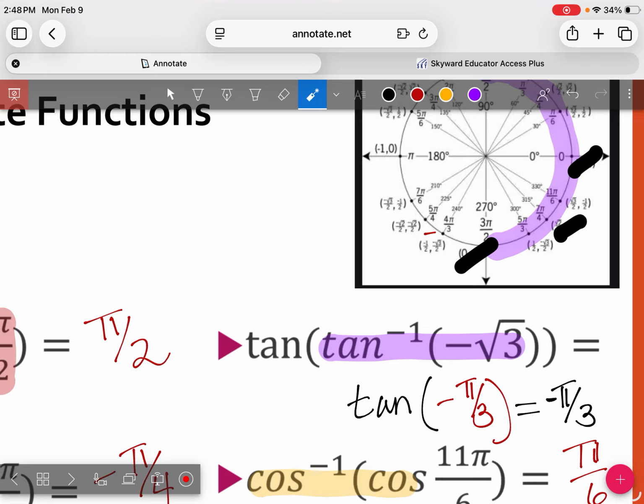But with tangent, you can take the tangent or cotangent of any number, because that trig function has a range of all real numbers. So when you're doing this for a tangent, it's always going to end up with the answer in between. Now for sine and cosine, that's a little different. We have to make sure they're asking us for an angle that has a value between -1 and 1. So that's a little different.